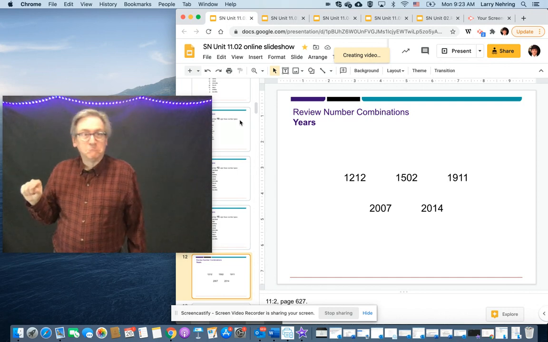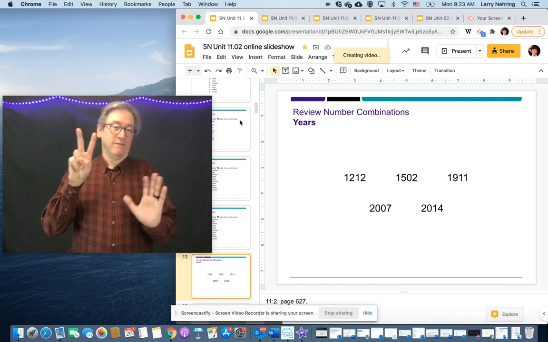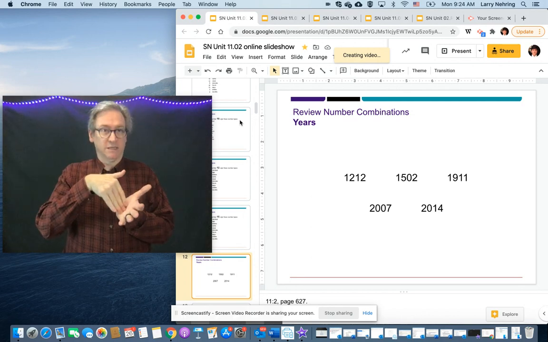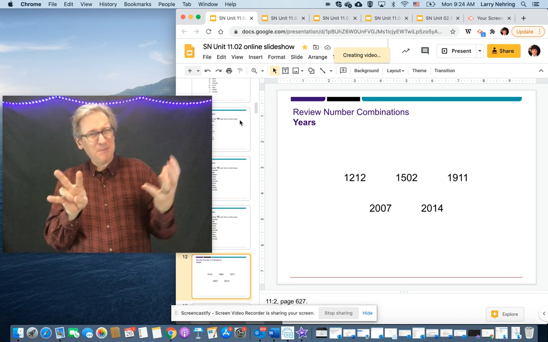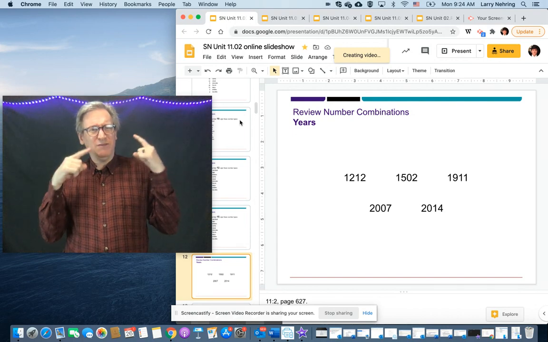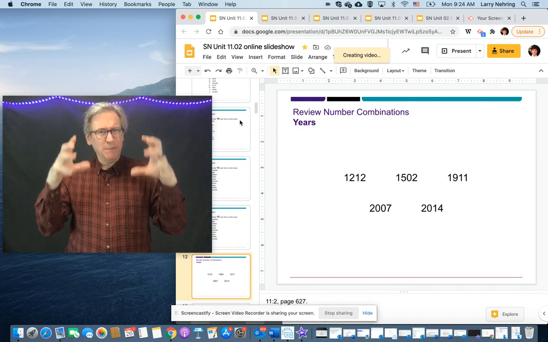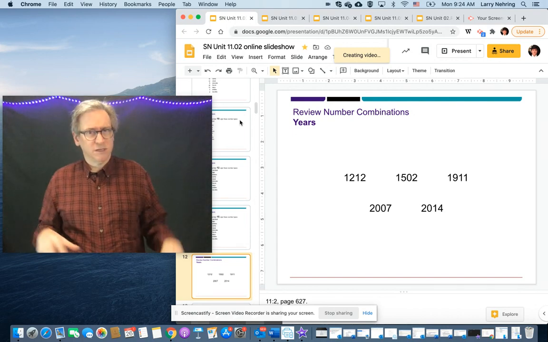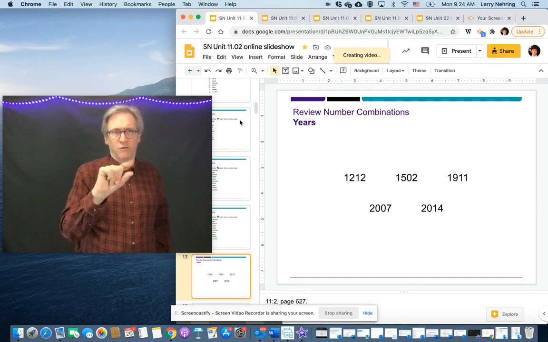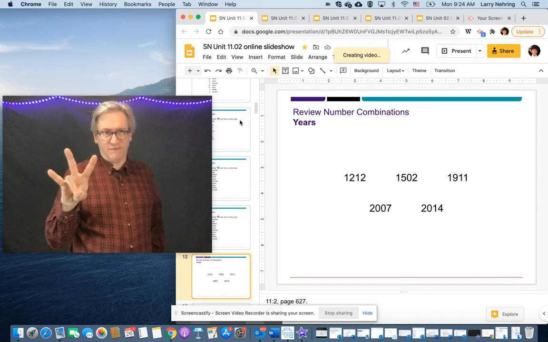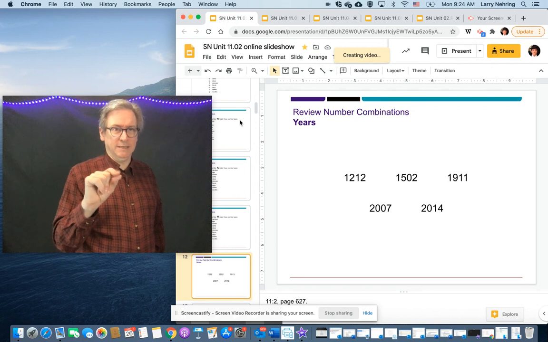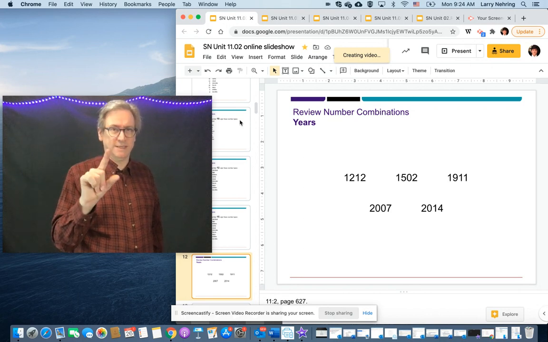2007. Can sign, well, we haven't gotten to thousands, right? But 2007. But even though we say that in English, that's not really what it means. It doesn't follow the format of years. So we're going to trade the other way. 2007. 20.